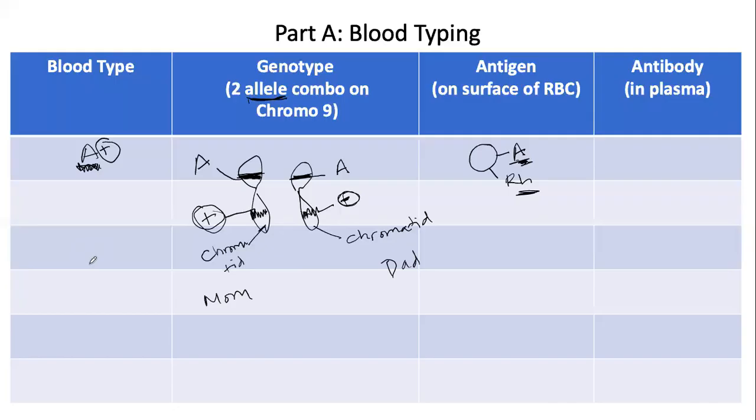Dark. So if you have a code for dark on one chromosome and a code for dark on another, what hair color are you going to have? Dark hair. If you have a code for dark on one chromosome and a code for light on the other, you're going to have dark hair, because dark hair color trumps light hair color.